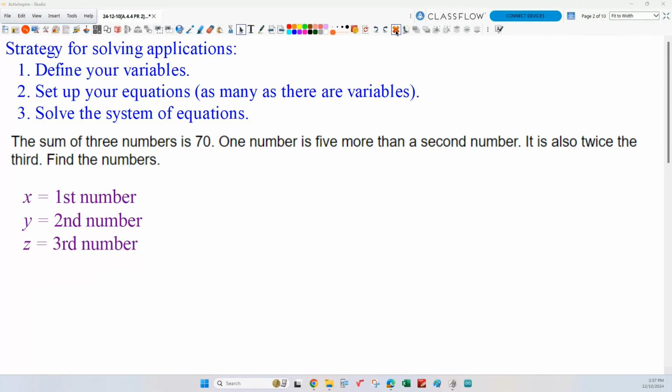Okay, so first of all, we always want to look for, is there a freebie equation here, a super easy one, like we have 3 variables, X, Y, and Z. Is there an X plus Y plus Z equals equation? We always want to look for that one because it's the easiest one.